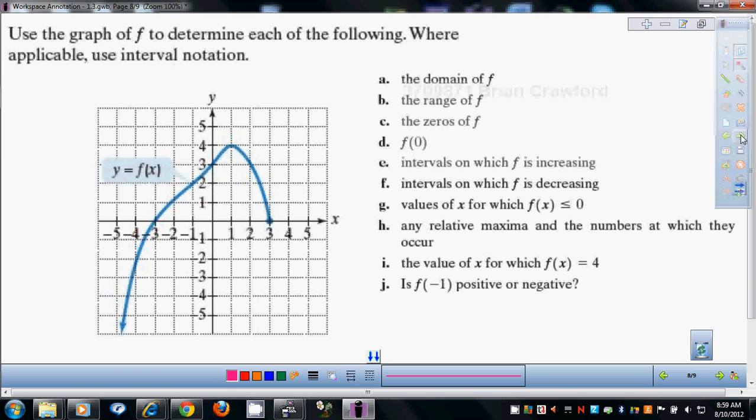Yeah, exactly. Remember, when you're dealing with functions, f of x is basically another way to write y values. So this is saying, for what values of x are your y values less than or equal to 0, which is everything below or touching the x-axis, which would be what? Go ahead and finish it up for you. And because it's touching, it is equal, there'll be a bracket there.